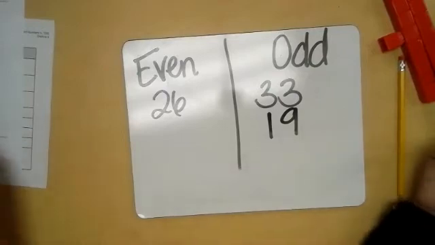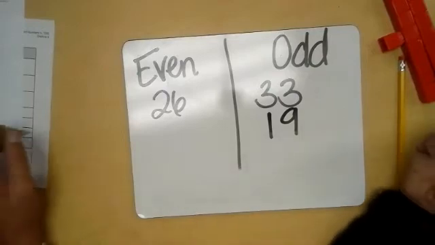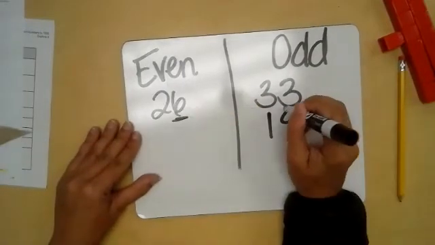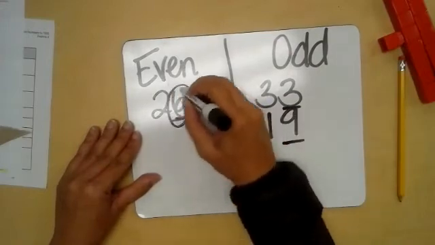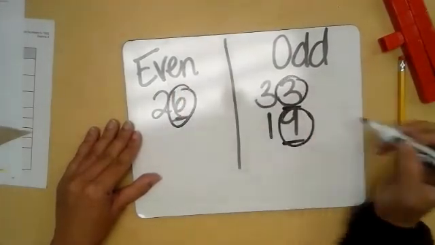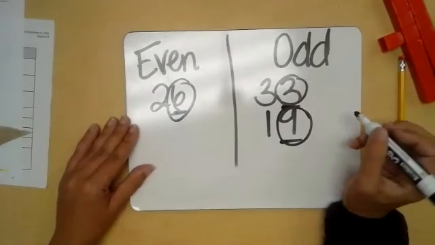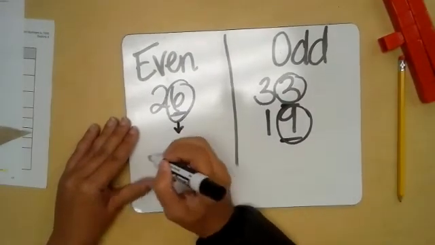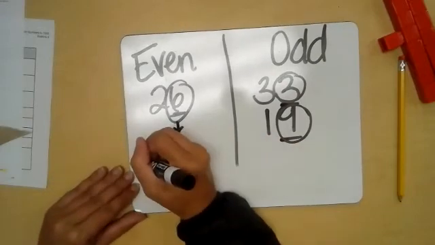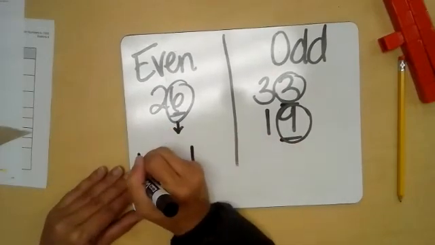Boys and girls, when we're trying to figure out odd and even numbers quickly, we are only gonna look at the ones place. Just the ones. This is going to tell us if it is even or odd. That's 6. I have 1 here, 1 here.